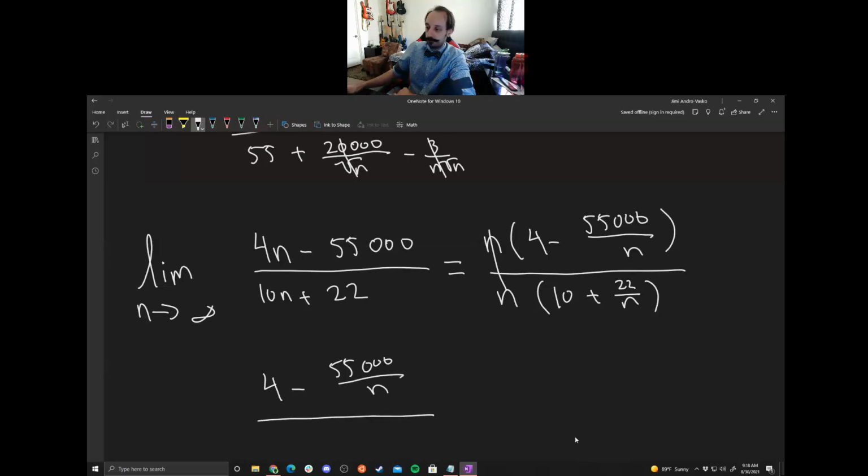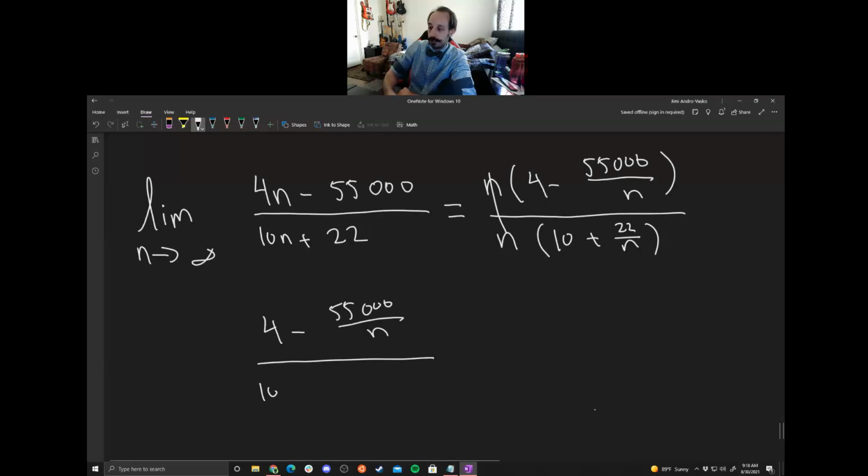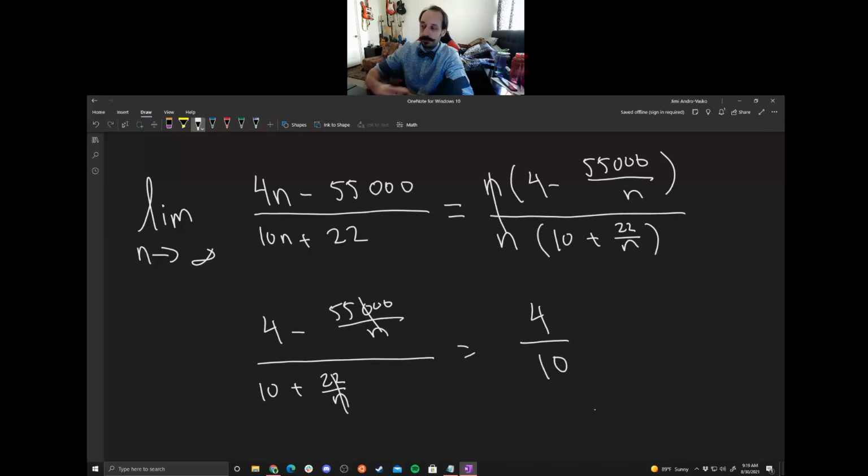Now we can set n to infinity, which will give us 0 and 0. So you have 4 over 10 as our result, which is a constant that is in fact bigger than 0, which means that these two functions have the same asymptotic growth rate.